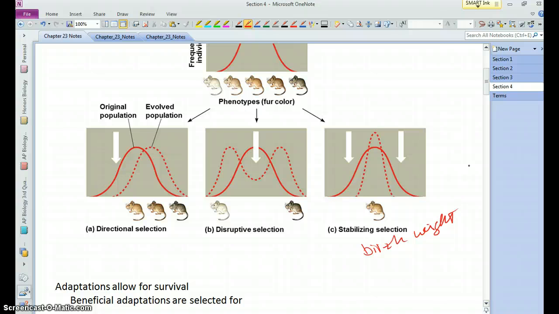If babies, back in the day, were too small, they hadn't fully developed, they tended not to survive. If they were too big, birth could be a very traumatic experience for both the baby and the mom, and the baby might not survive that as well. And so there's this selection for this standard weight because those were the babies that survived the best.